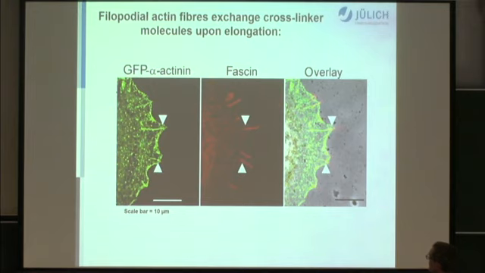But as soon as the filopodium becomes overgrown by the leading edge, this cross-linker fascin becomes replaced by another cross-linker, alpha-actinin. And this alpha-actinin is a larger cross-linker that increases the distance between the actin filaments within the bundle.